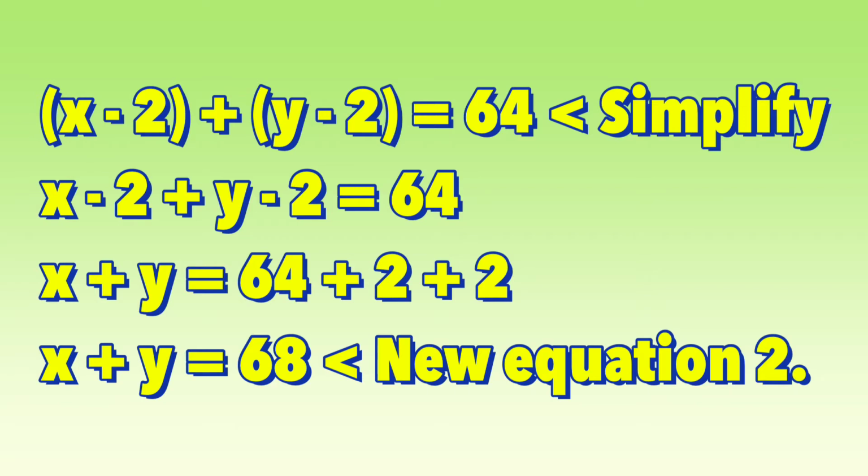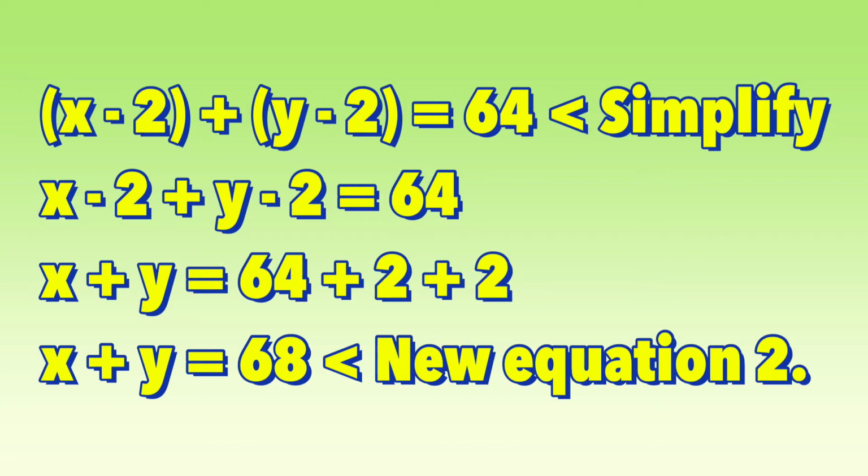Negative y and positive y we're going to eliminate. The remaining is x and x, so 2x, and 10 plus 68 equals 78. We divide by 2 on both sides. So x equals 39.